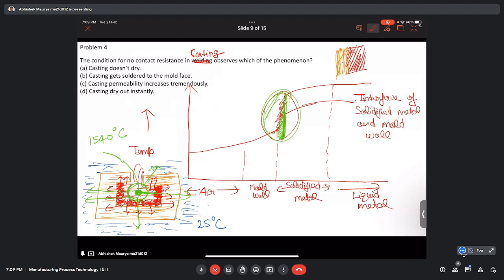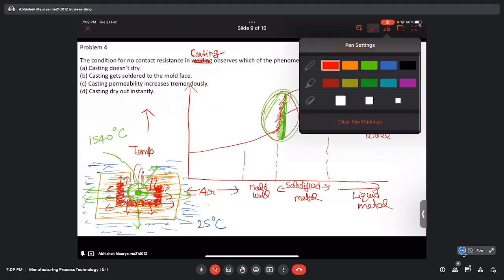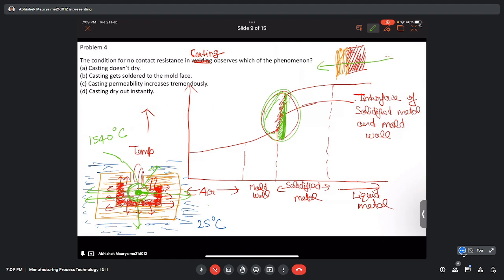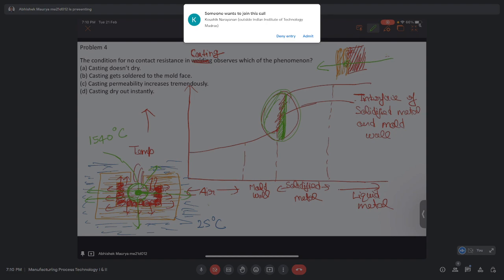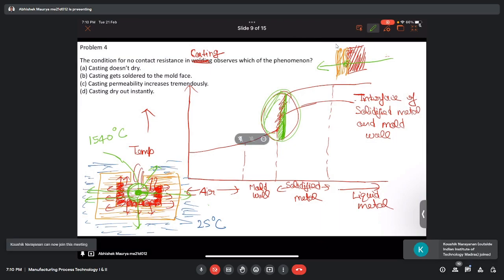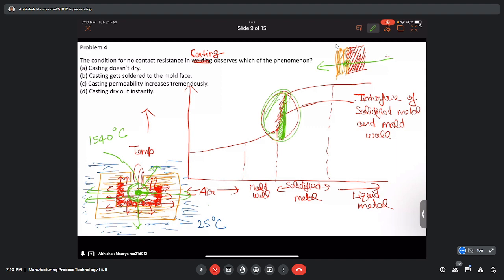So when heat flux moves from the molten metal towards the ambient, it won't find much resistance at the interface because there is metal continuity. But suppose the molten metal doesn't have good wetting properties with the mold, then how will it look?